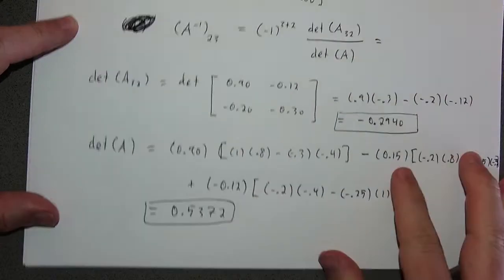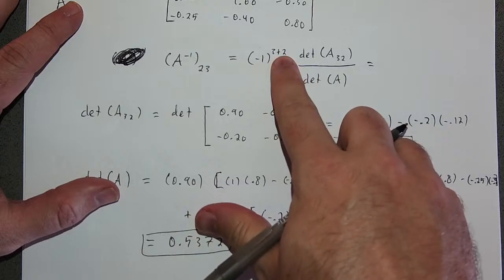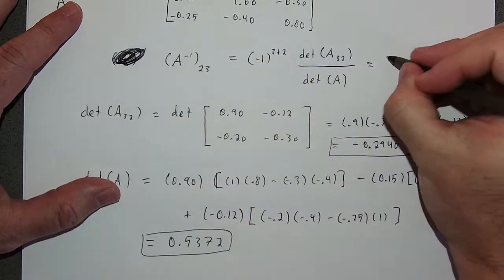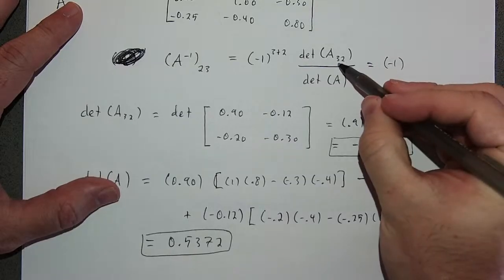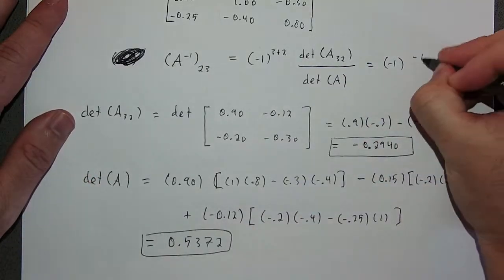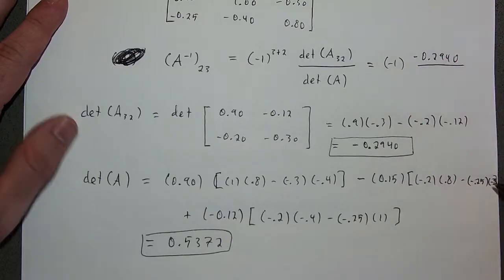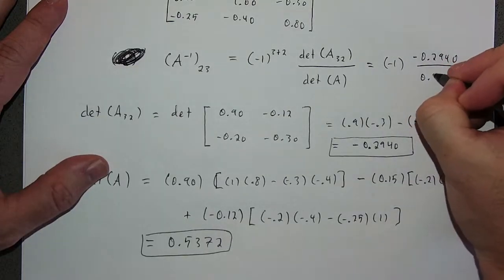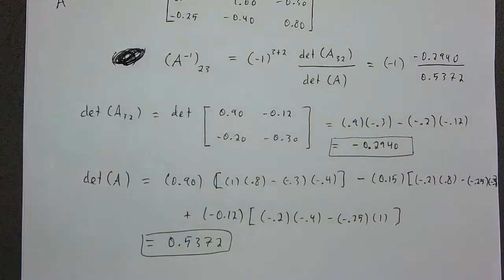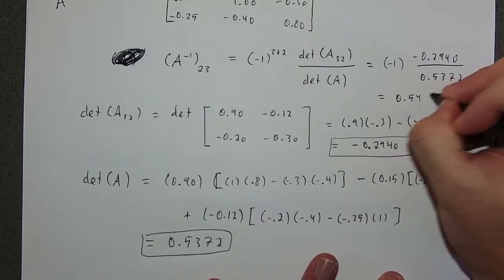Going back up here, this is minus 1 to the 5, so that's minus 1, times the determinant of A sub 3, 2, which we found to be minus 0.2940, divided by 0.5372. And what this is is 0.5473.